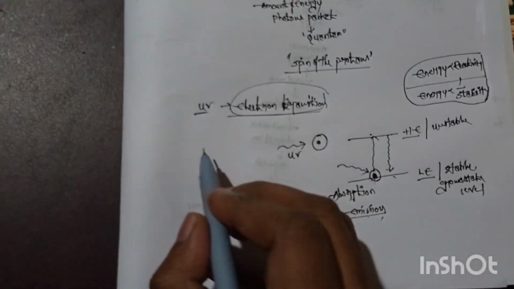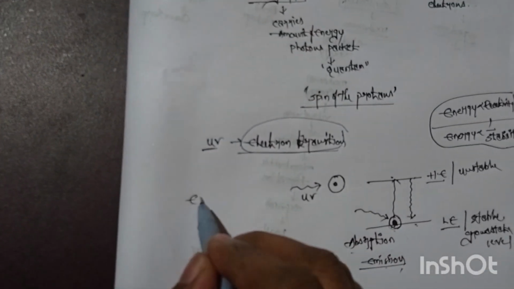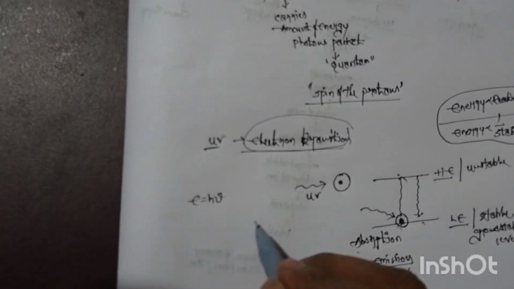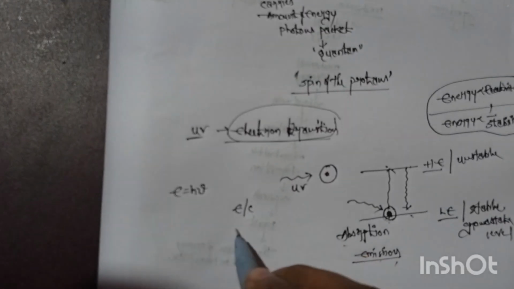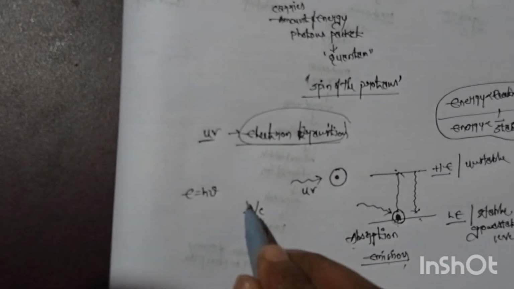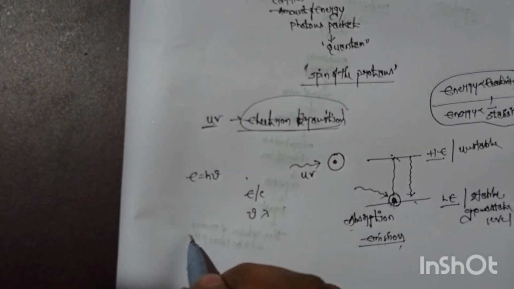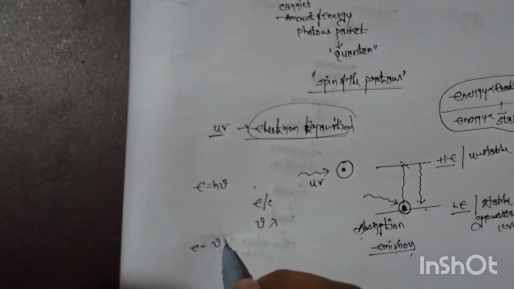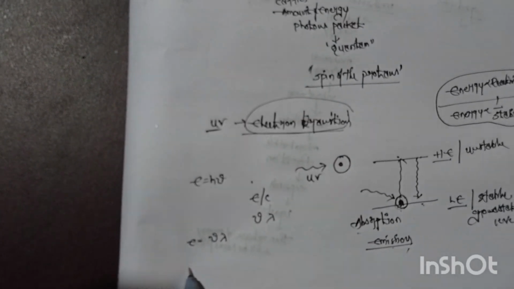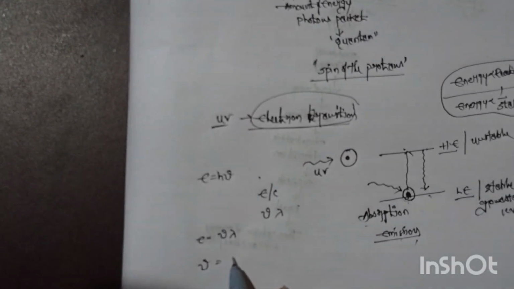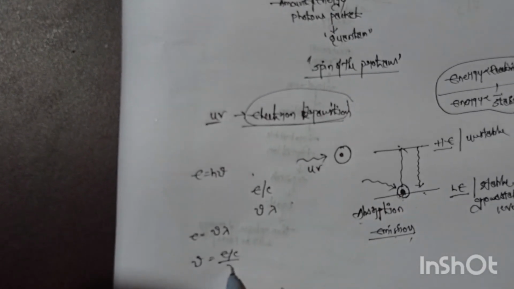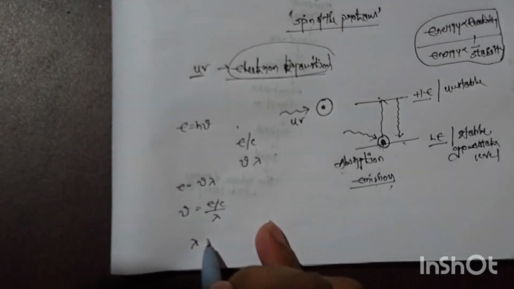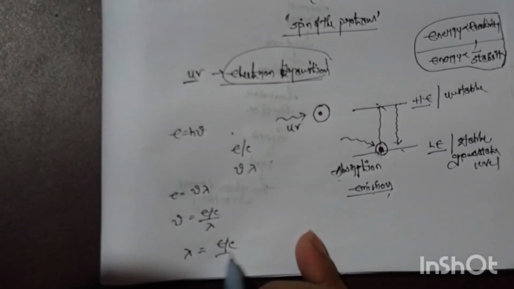If we are deriving an energy formula, we know from Planck's constant that E is equal to h nu. Here we have energy, velocity, frequency and wavelength. Velocity is frequency multiplied by wavelength, so the frequency is velocity divided by wavelength, and the wavelength is velocity divided by frequency.